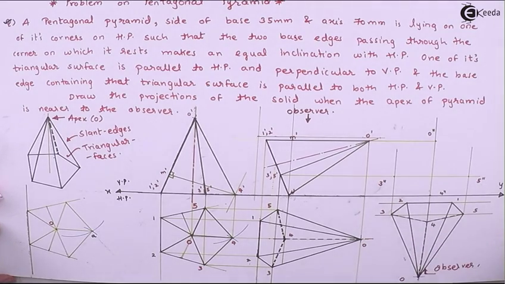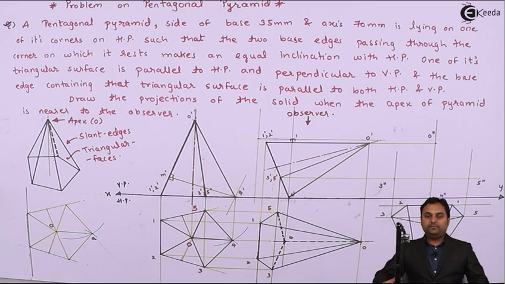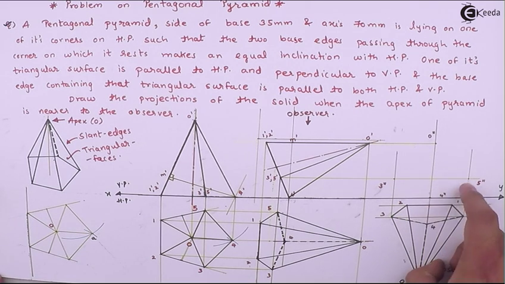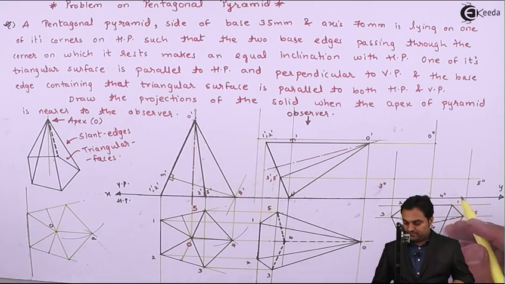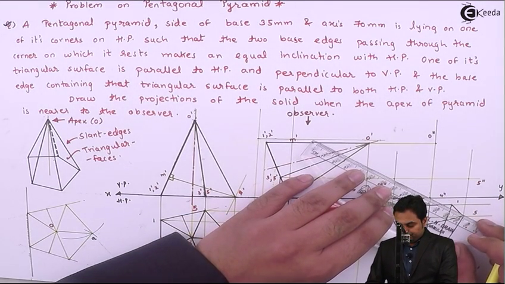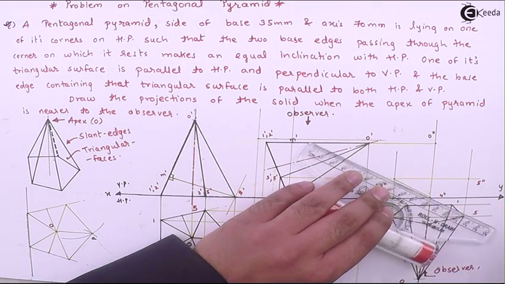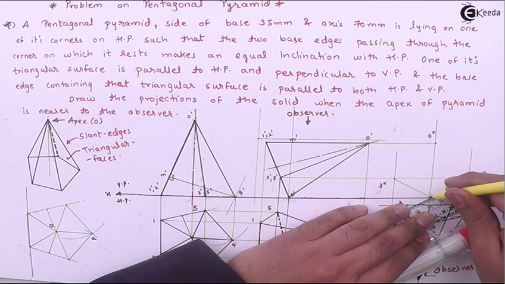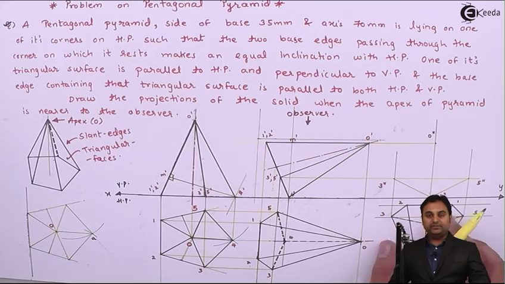Then points 1 and 2 are left. So now when we are looking as an observer, the pyramid is kept in such a way that points 4 double dash to 5 double dash will be visible. 4 double dash to 3 double dash will also be visible because they are forming the outline. Then I need to project points 1 and 2 as well.